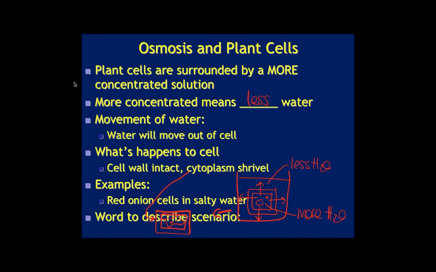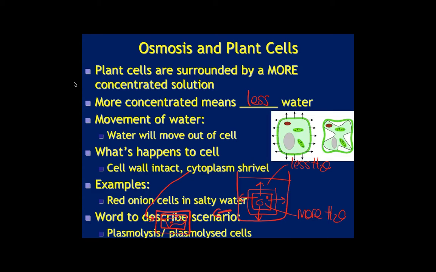And again, plant scientists have a word to describe this scenario. They call it a plasmolysed cell, or say that the cell has undergone plasmolysis. So make a note of those, and this is just another version of the diagram. Here's the water leaving, and this is our cytoplasm that has shriveled. The cell wall won't shrivel, but the cytoplasm will.